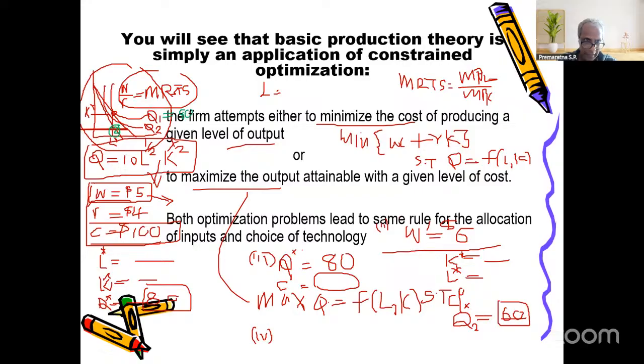To get that, you have to move this second budget, second isocost line, to reach the original amount of output. There the tangent point you can get somewhere here. So that is one of the exam questions. Any clarification?